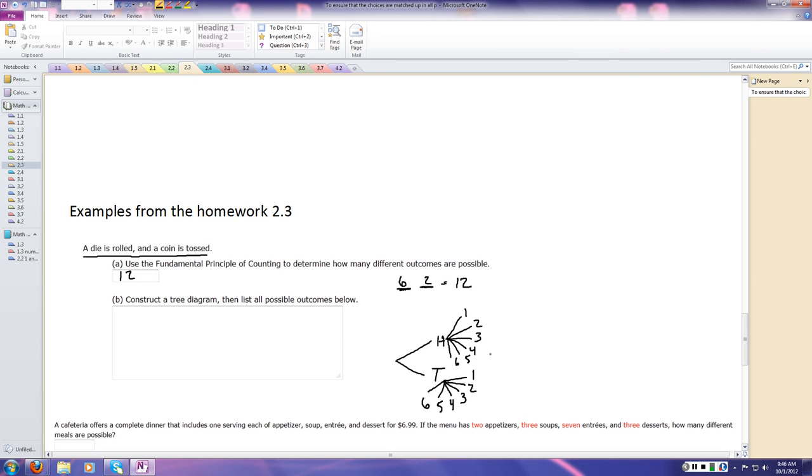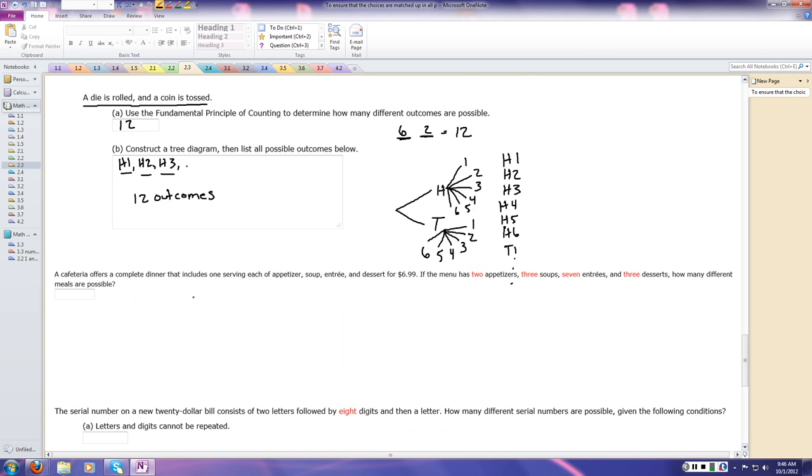So I have 12 possible outcomes. It's either getting a head and a 1, heads and a 2, heads and a 3, heads and a 4, heads and a 5, heads and a 6. Or I could get tails and a 1 and so forth. So your answer here is going to be heads 1, heads 2, heads 3, and so forth, and you'll have 12 outcomes. So hopefully this makes sense here.